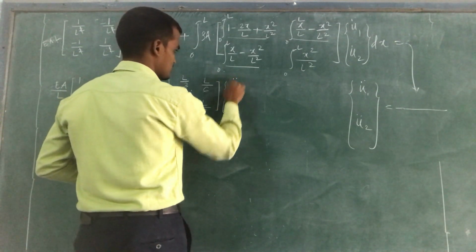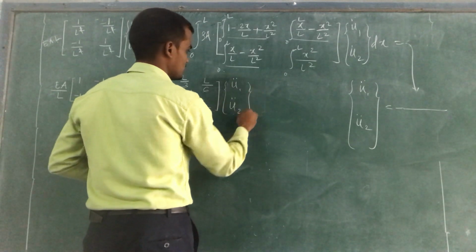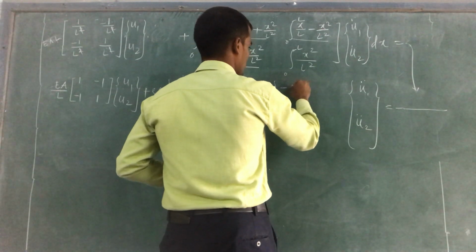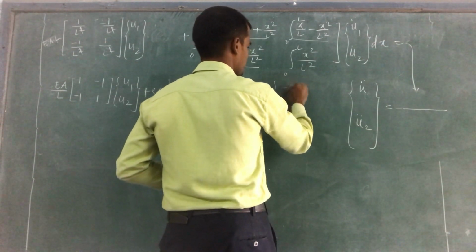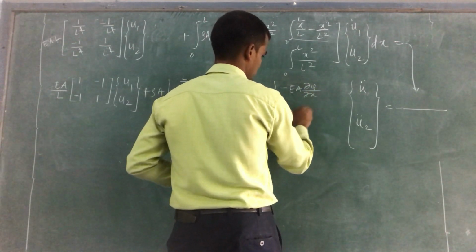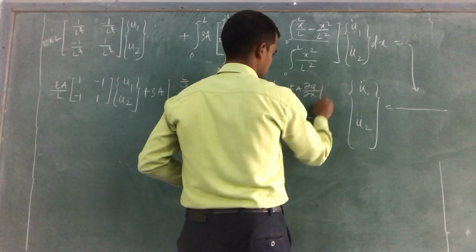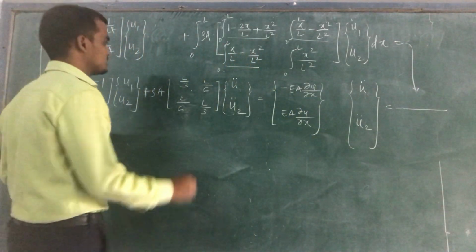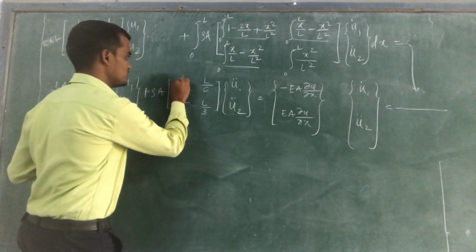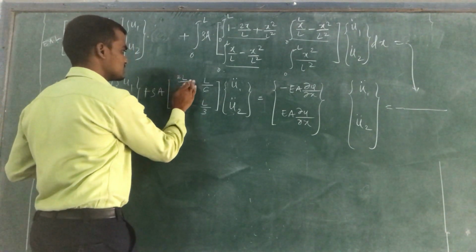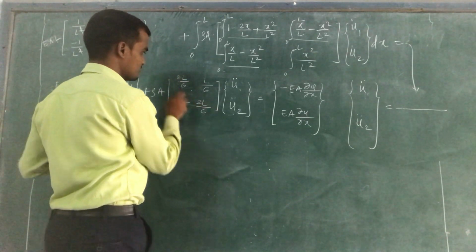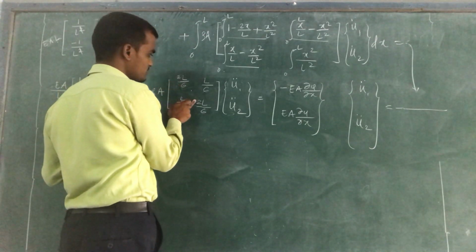into U1 double dot and U2 double dot is equal to this remaining term, that is minus, sorry, EA dou U by dou X and EA dou U by dou X. So here if we take L by 6 as common, this will become 2 times L by 6, this will become 2 times L by 6, because if we simplify this, it will become L by 3, this also becomes L by 3.